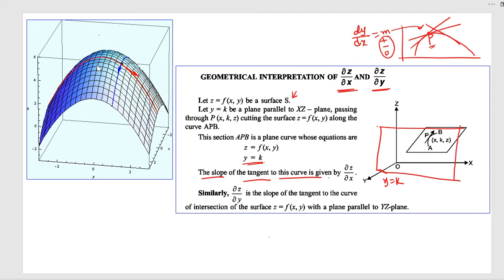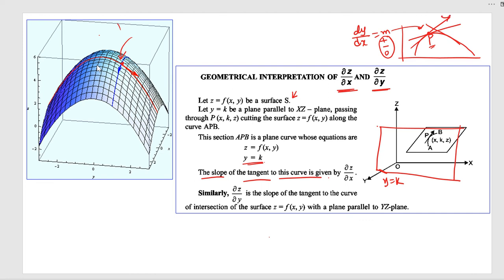So we have a plane which is intersecting this curved surface, and this blue curve that we are getting here. So at any point P, we can get the tangent to this curve.